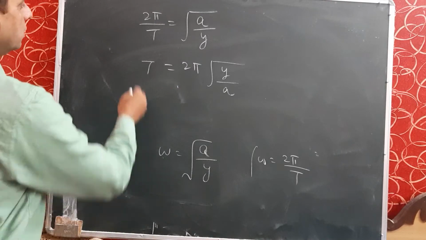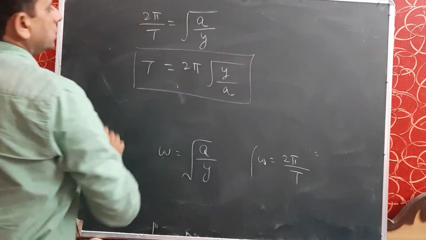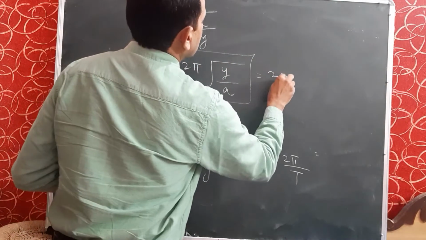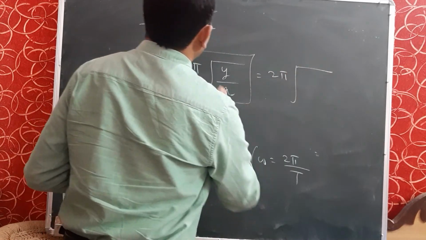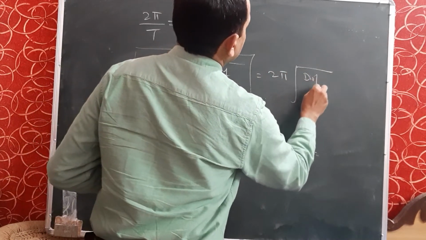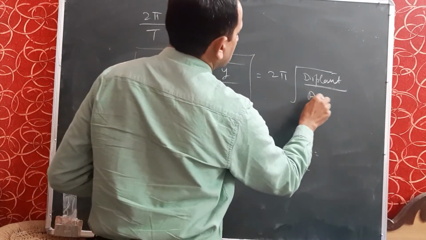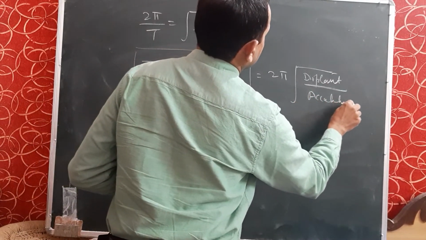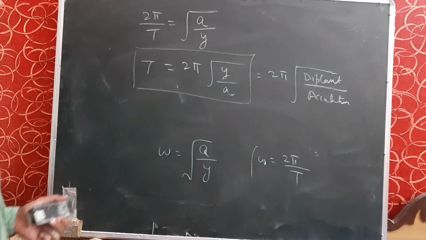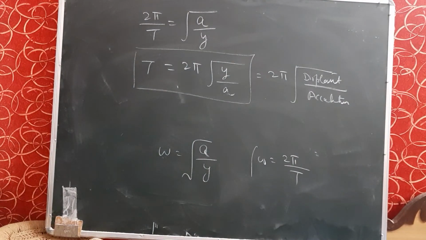So this is the formula for time period, 2 pi under root of y, displacement, over a, acceleration.